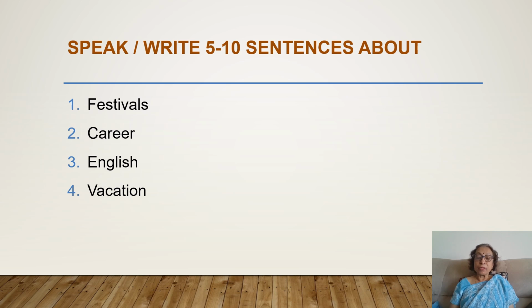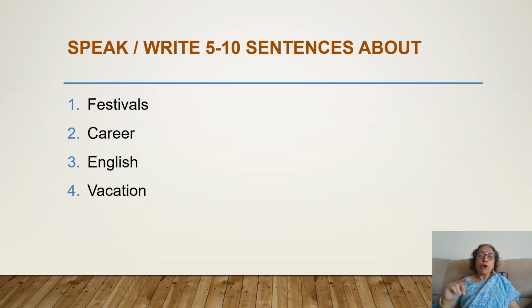Now you have topics. 4 topics are given here: festivals, career, English, and vacation. Speak or write 5 or 10 sentences about these 4 topics. Since this is the beginner's level, we need not go into great details about any of them.